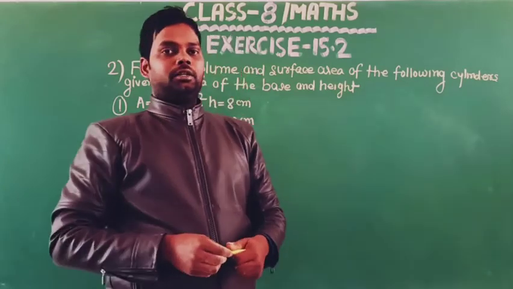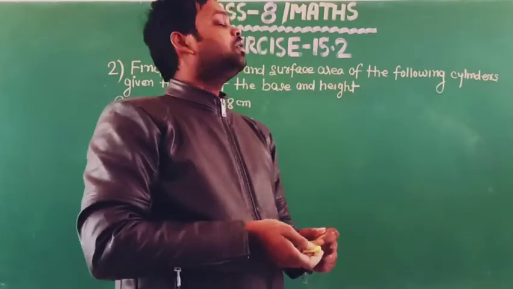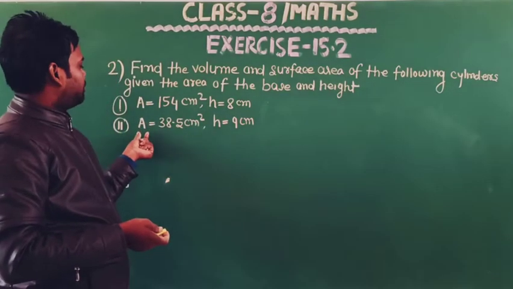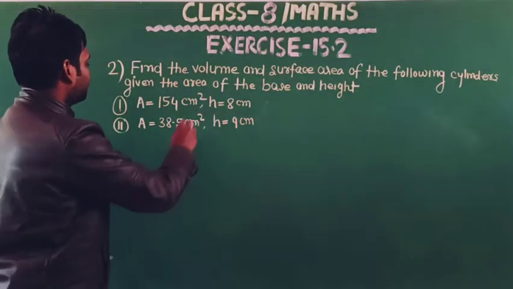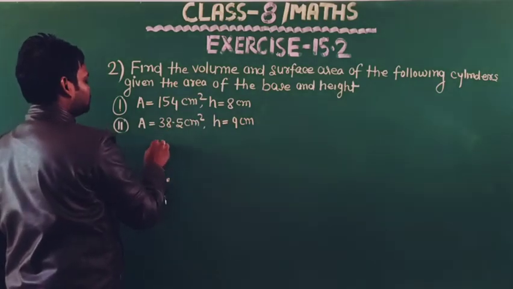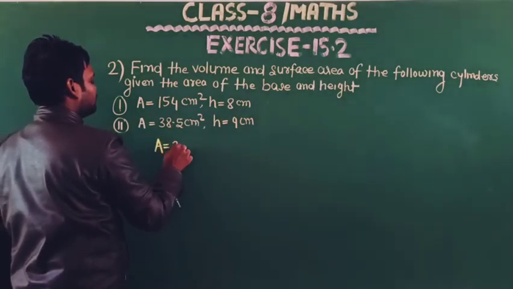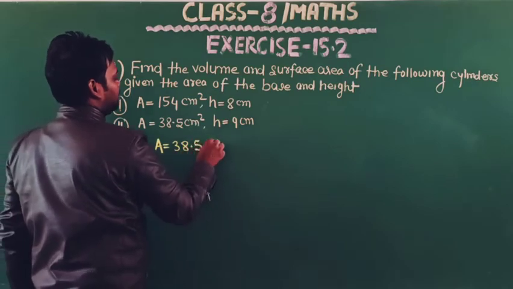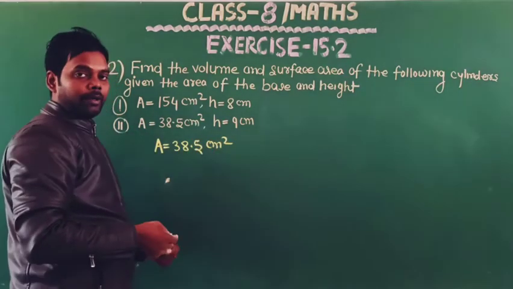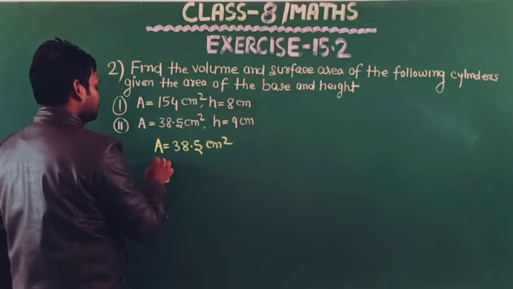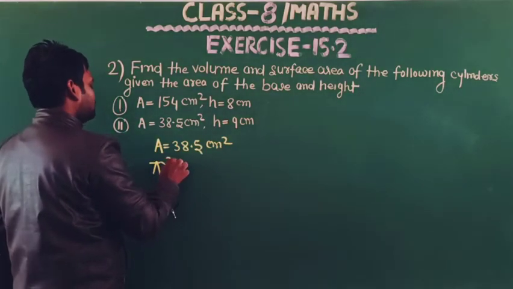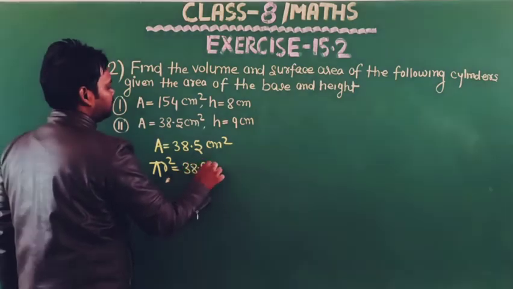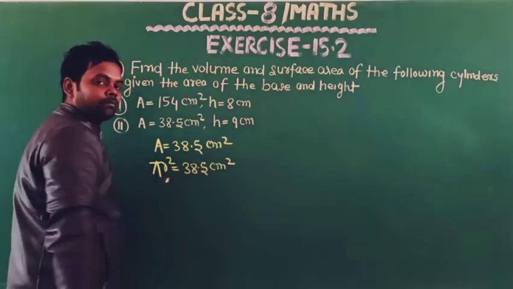Okay children, now move to the second part. The area of the base is given, A equals 38.5 centimeter square, so pi r square equals 38.5 centimeter square.